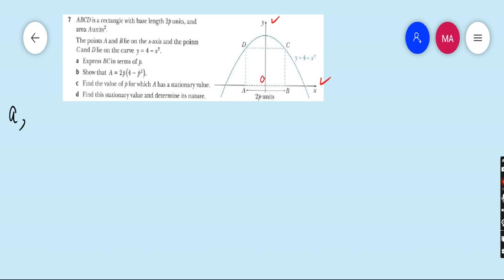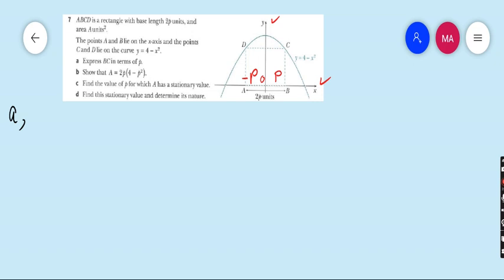The distance from the origin to A and origin to B, the total distance of AB is 2p. Therefore, the distance of OB is p, and the distance of OA is also p, or minus p, but the total distance should be 2p.